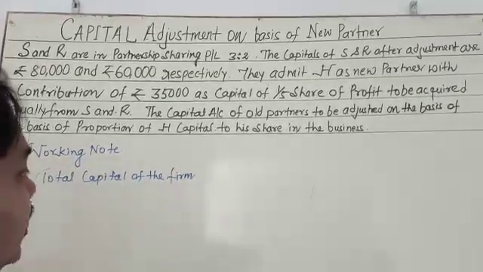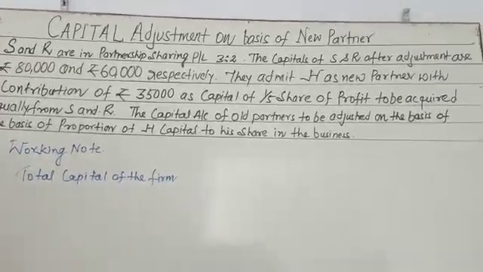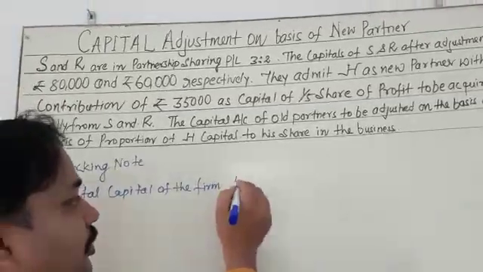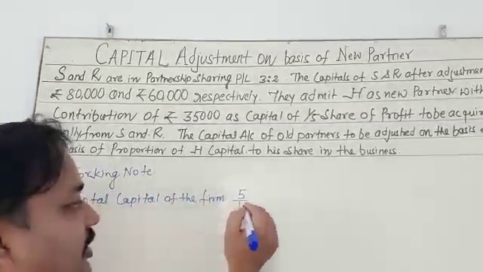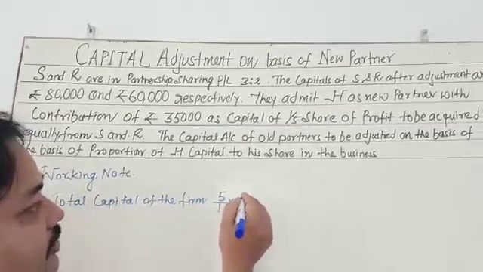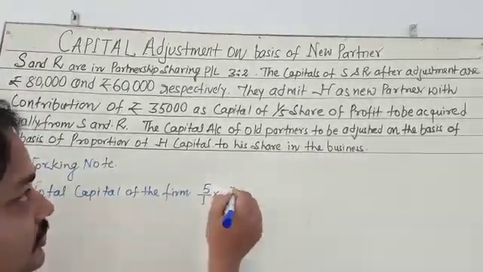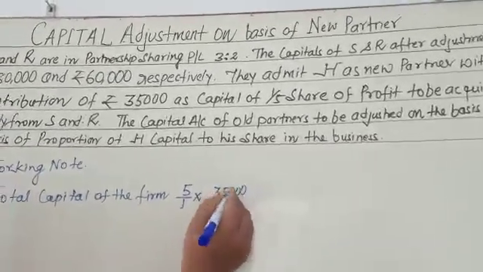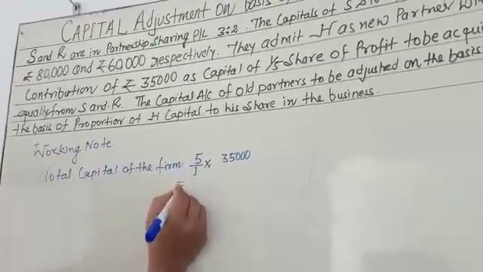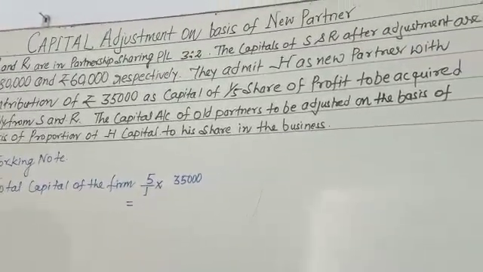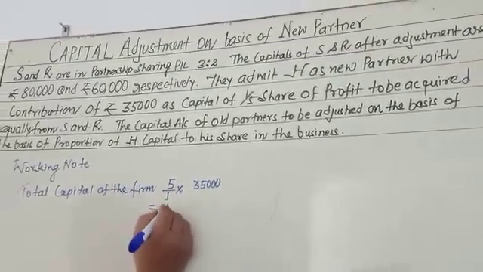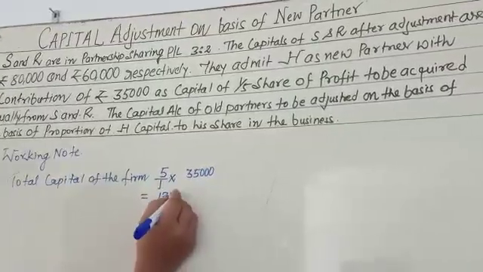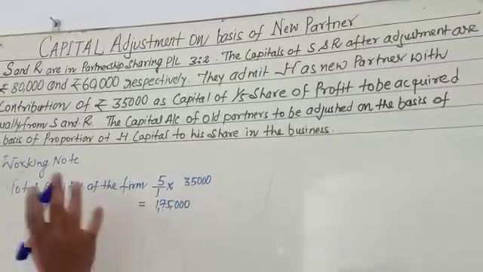How to calculate the total capital of the firm? Reciprocal of H's share multiplied by H's capital, that is 35,000 rupees, is equal to 1,75,000, that is the total capital of the firm.